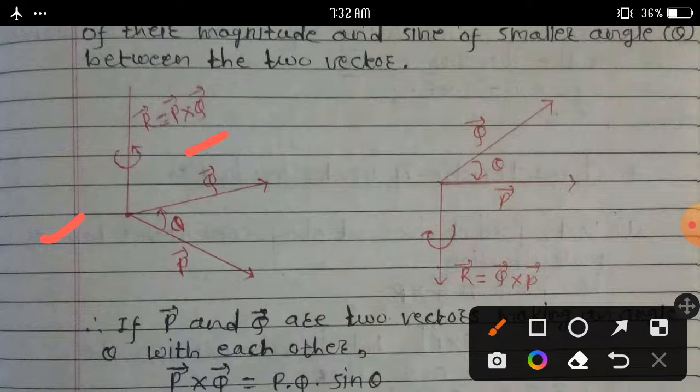When we go in the clockwise direction, the cross product becomes q bar to p bar, then the resultant is r bar is equal to q bar cross p bar.